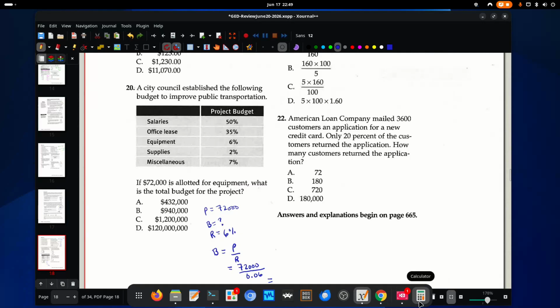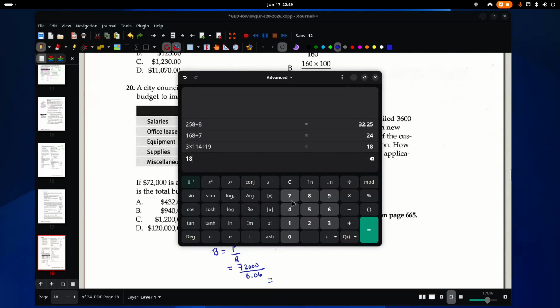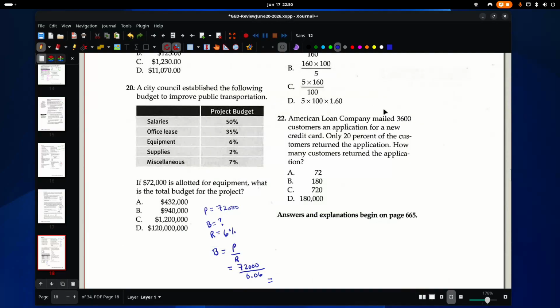I suspect this will be a big number. 72,000 divided by 0.06, we get 1,200,000. So it's this one here, C, $1,200,000. There we go. Okay.